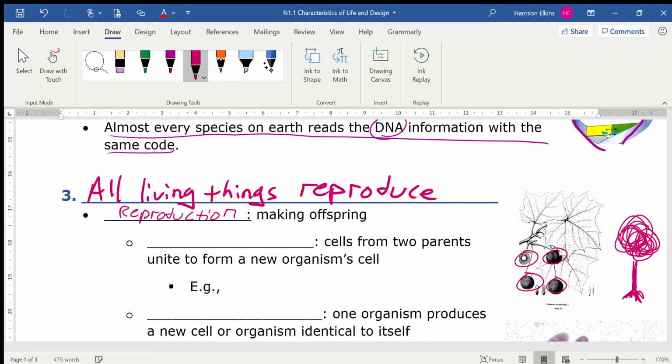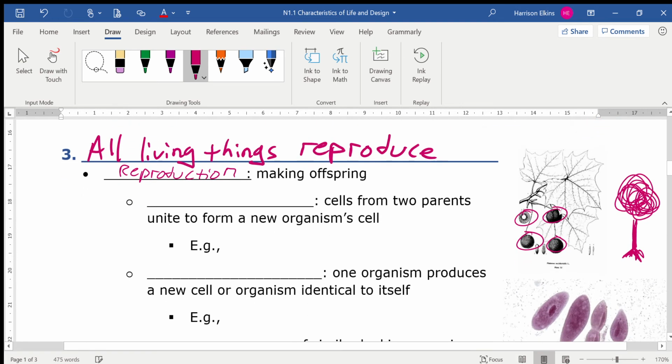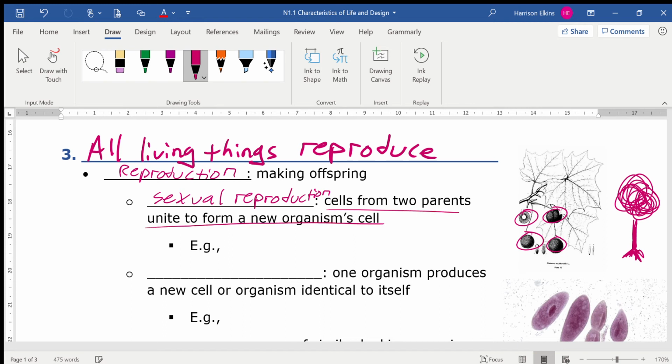There are two main ways in which organisms reproduce. The one that we're most familiar with is sexual reproduction. Sexual reproduction is when cells from two parents unite to form a new organism's cell. So for instance, you have a sperm cell.